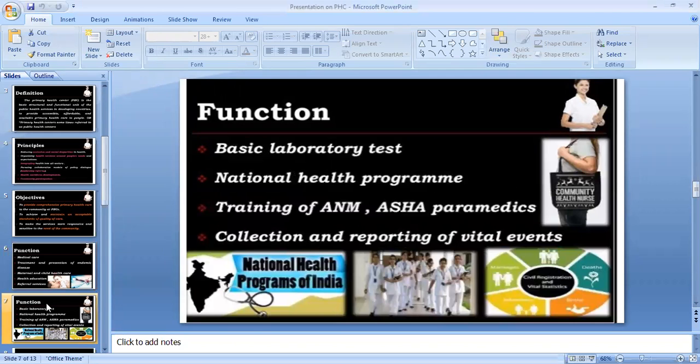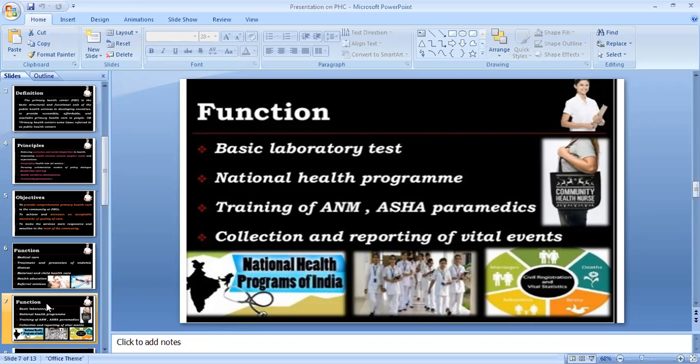Next is basic laboratory test. I have already mentioned the primary health center has some laboratory test facilities, like they collect the malaria blood smear. They collect, now they are doing COVID tests also. They have those facilities based on the primary care needs of that area. If the people of that area are suffering more from cholera or any kind of waterborne disease, they will do tests for that.